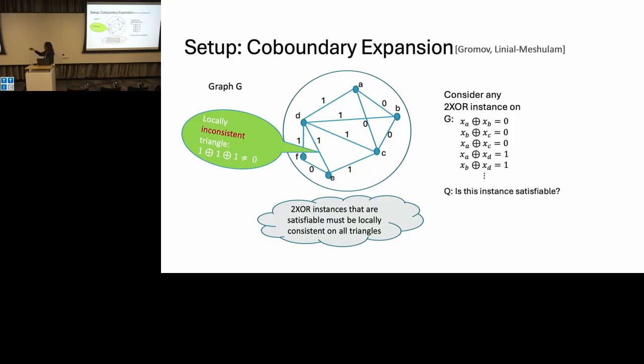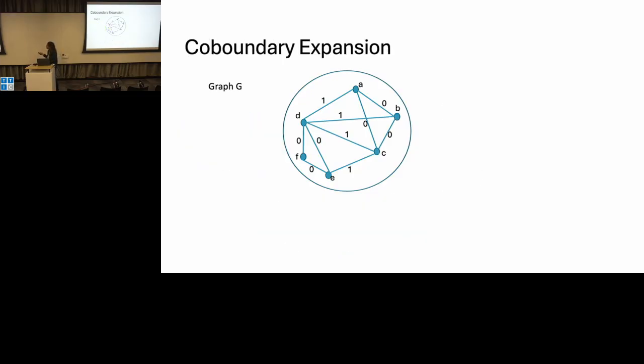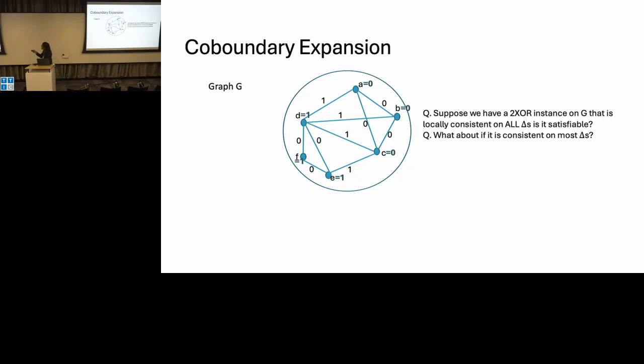So it's an observation that 2 XOR instances that are satisfiable must be locally consistent on all triangles. But the natural question is, what if we have a 2 XOR instance on this graph that is locally consistent on all triangles? Can we say something about its satisfiability? It turns out for this graph, whenever it's locally consistent on all triangles, it has to be satisfiable.